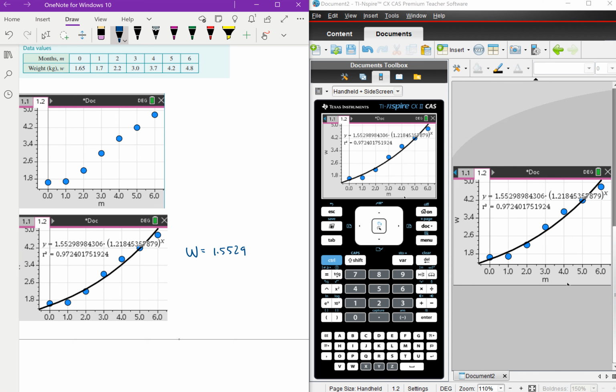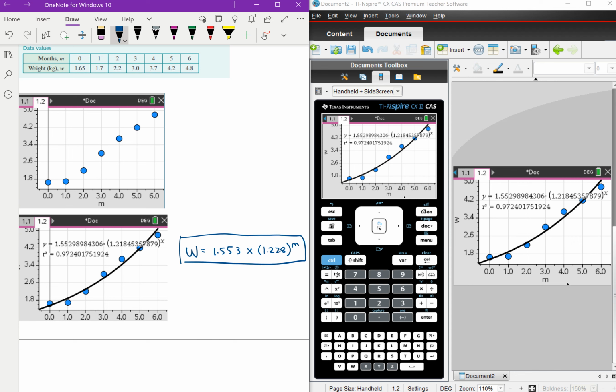Let's just round it to 3 decimal places, multiplied by 1.228 to the power of x, which is the months. There you go. So the number of months, you can then model it based on this formula. All right, and that's all you have to do for fitting the data using spreadsheet on CAS.